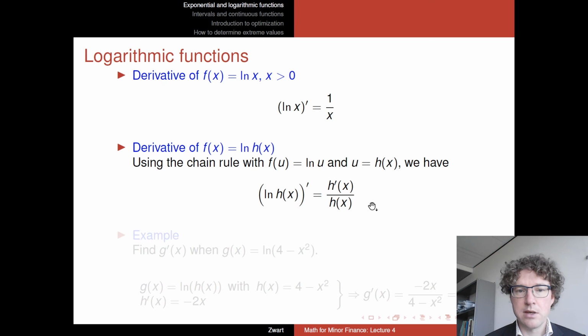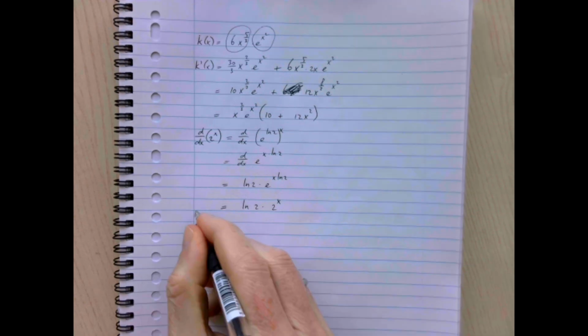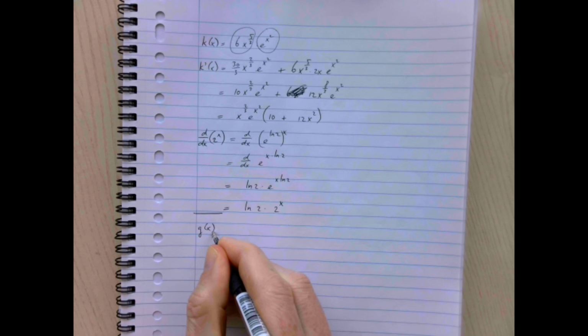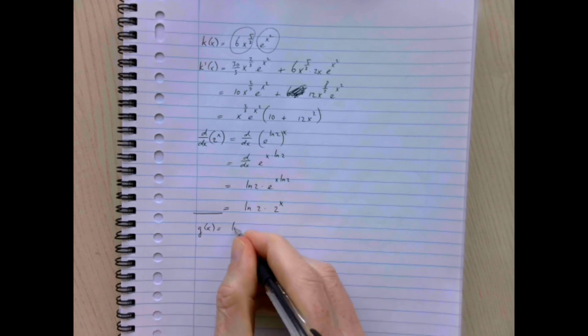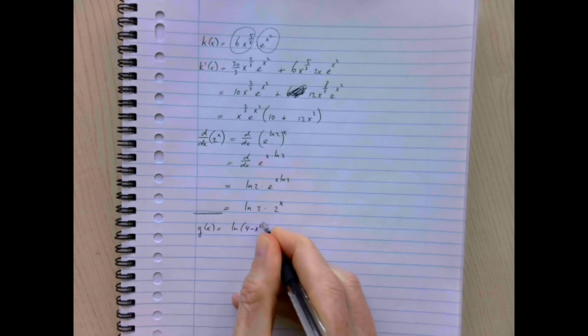So let's again do an example, and again I'm going to do this on paper. What's the derivative of this function g of x, where g of x is the log of 4 minus x squared? So let's go to paper. We have g of x is the natural logarithm of 4 minus x squared.